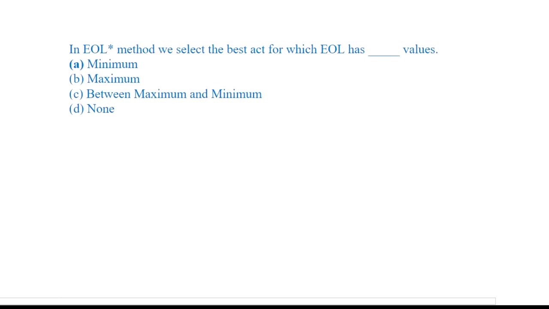In the EOL method, we select the best act for which EOL has dash values. L is nothing but loss, and we would always like to minimize the loss. No one wants to maximize the loss. So the right answer is EOL has minimum values. Now what if I change this word to EMV?